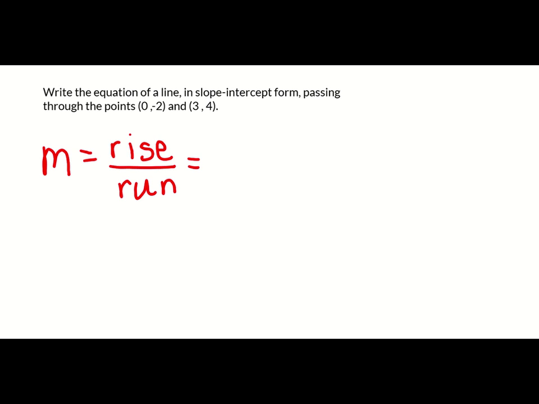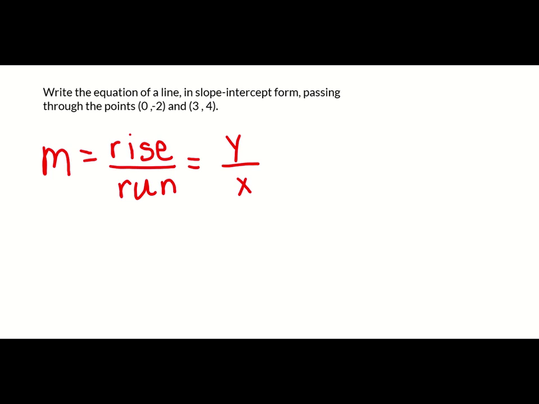Now remember, when we rise, we are going up and down on our graph, which means our y values are changing. Whereas when we run, we're going left and right on our graph, which means the x values are changing. So when I calculate slope, I need to essentially figure out the difference in the y values over the difference in the x values.